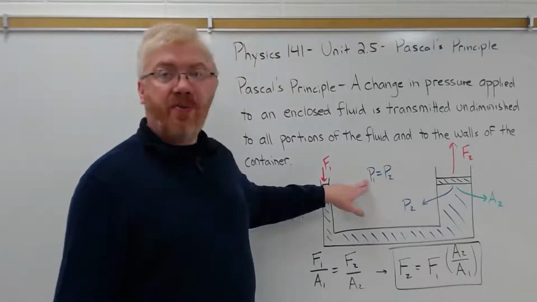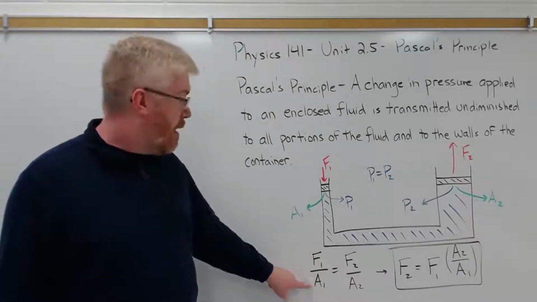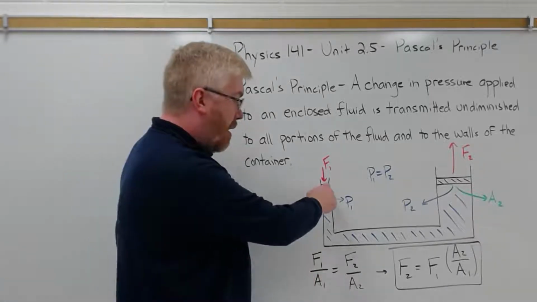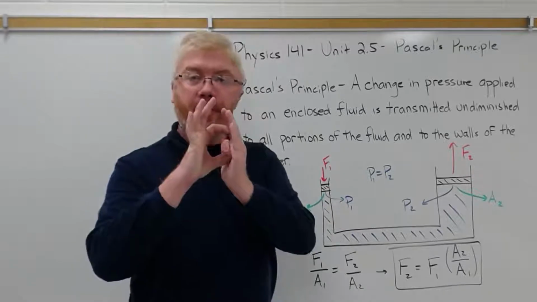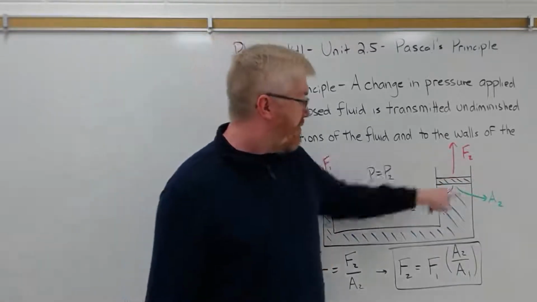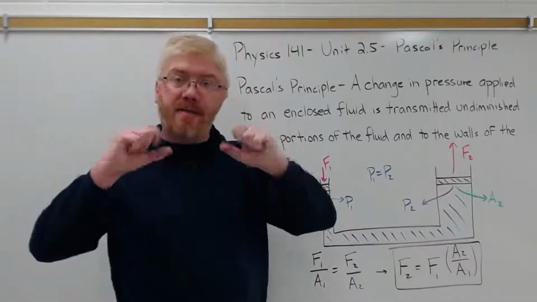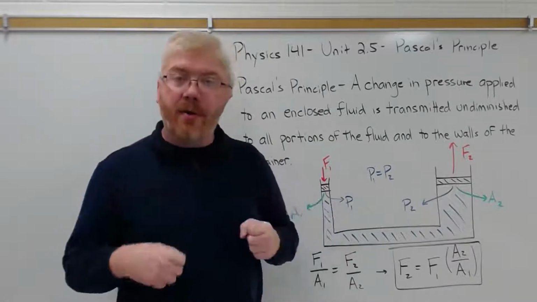Well, pressure is force over area. So P1 is F1 over A1, where A1 is the area of the piston, some small circle on the bottom of this piston that's being pushed down. P2 is F2 over A2, where A2 is a much larger diameter piston, more surface area pushing down on the fluid.